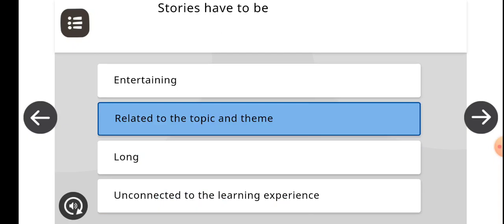Stories have to be related to the topic and theme, otherwise the student doesn't show interest in it. If there is no logic, what is the use of listening to a story? But the logic should be confined to the subject or topic. Otherwise, telling simple or funny stories doesn't improve the education or the subject. So the stories have to be related to the topic and the theme.